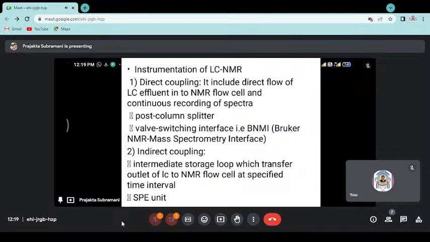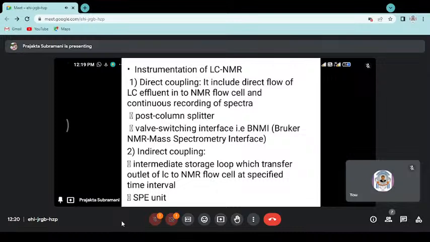Then indirect coupling. There is an intermediate storage loop which transfers the outlet of LC to the NMR flow cell at a specified time interval. Means in indirect coupling, there is one storage loop in between the LC unit and NMR unit.